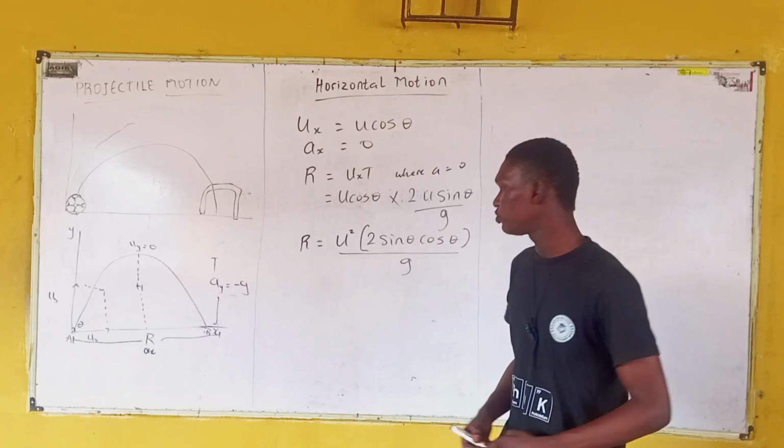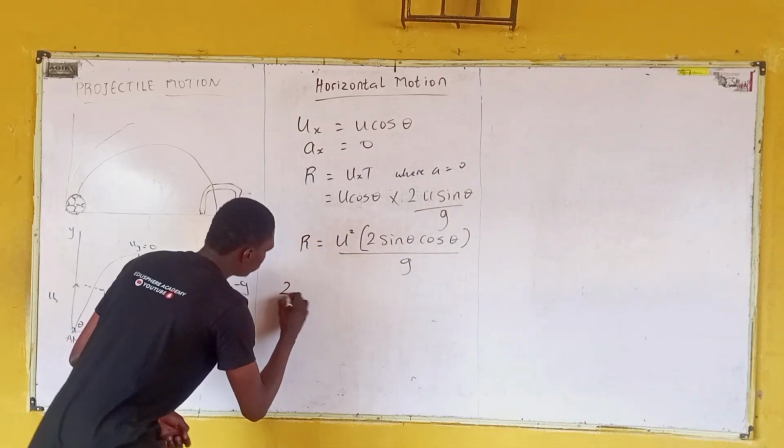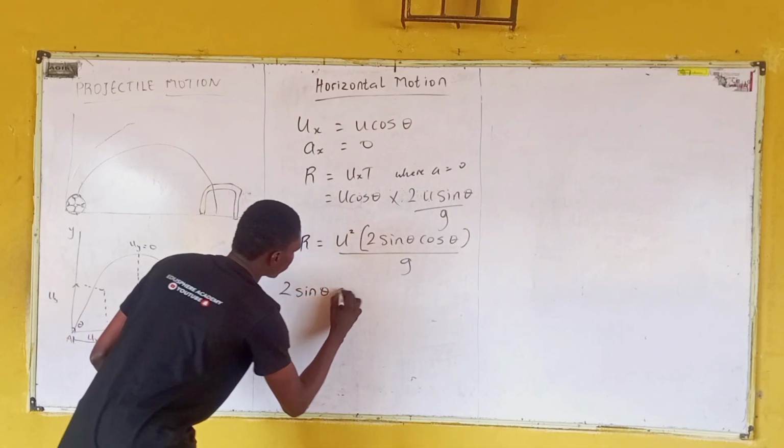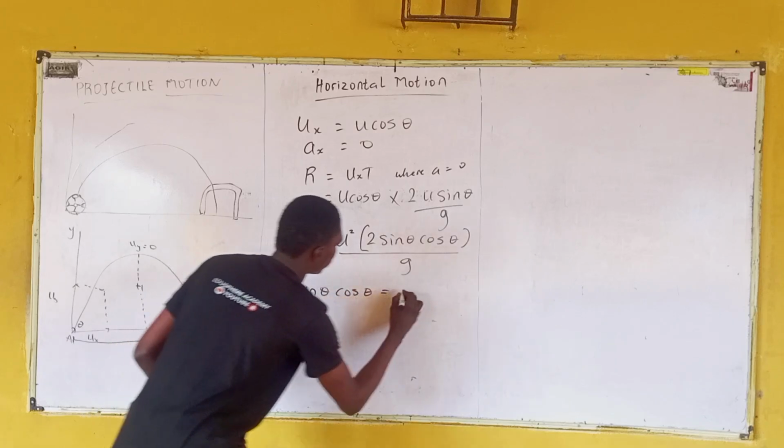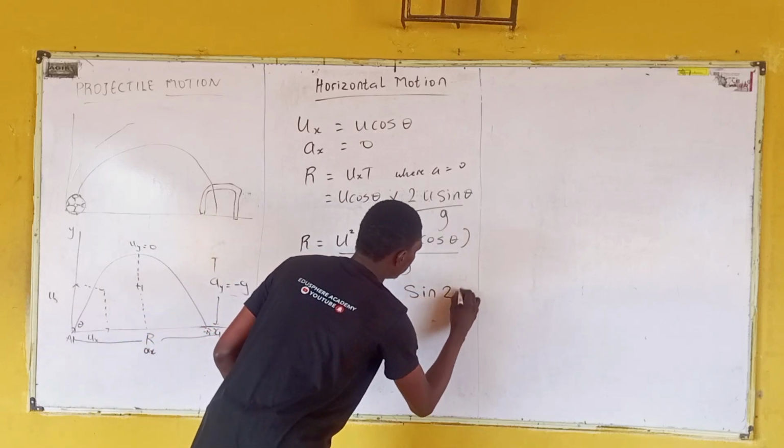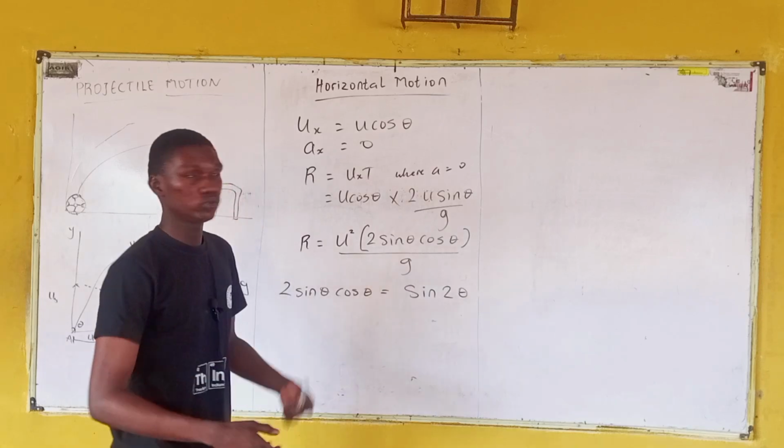Also, from trigonometry, we can say that 2 sine theta cos theta is equal to sine 2 theta.